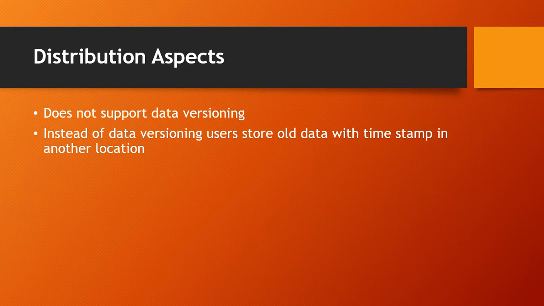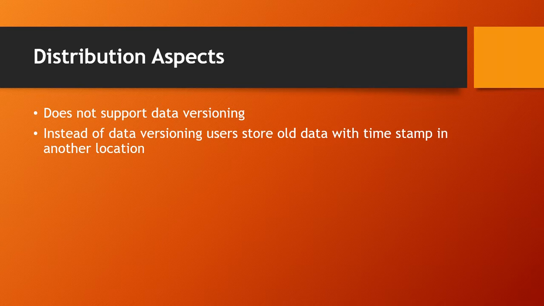In its normal state, Cassandra does not support data versioning, but a simple workaround is that every single column in a row has an attribute called a timestamp.